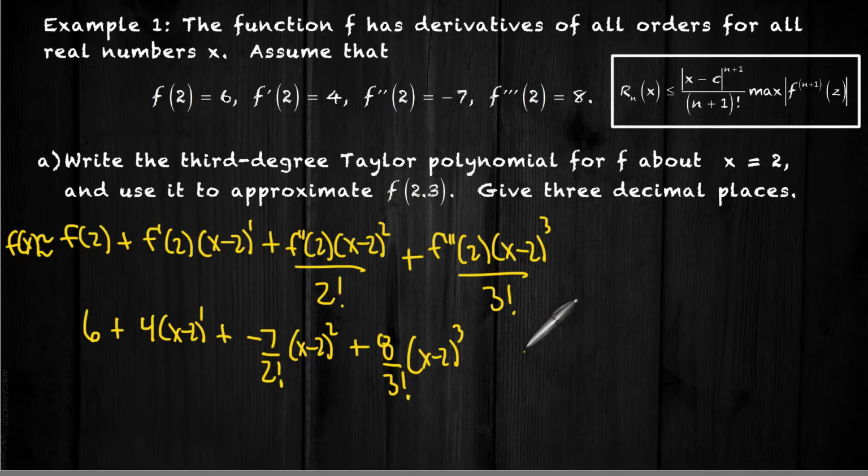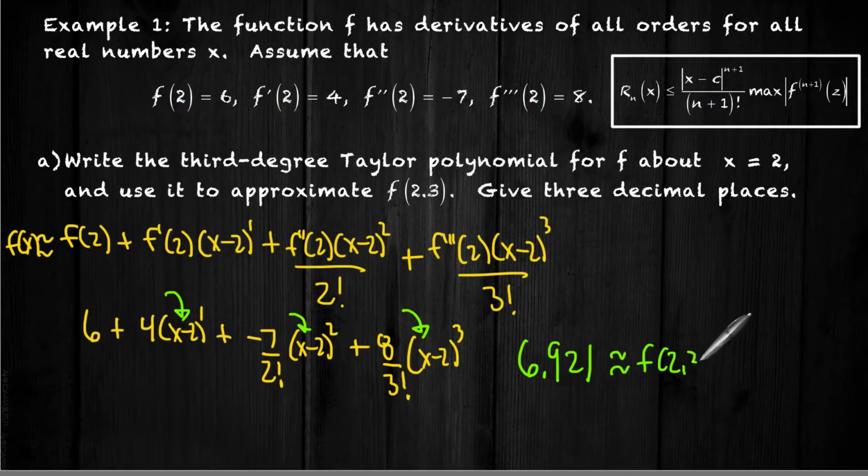And then we plug in 2.3, goes into there and there and there. And we end up getting 6.921, and that is approximately equal to f of 2.3. That is our approximation for f of 2.3.